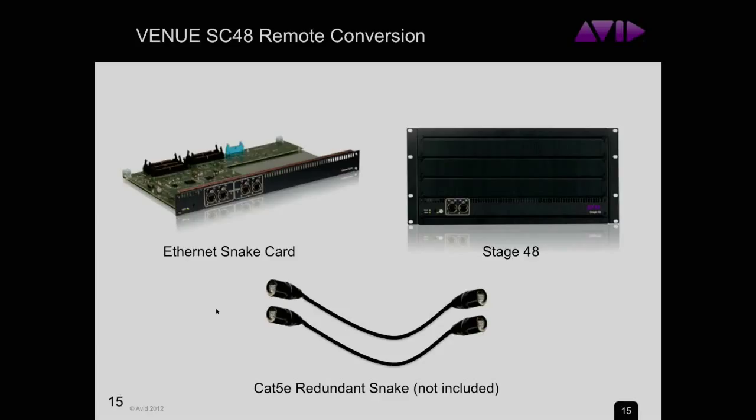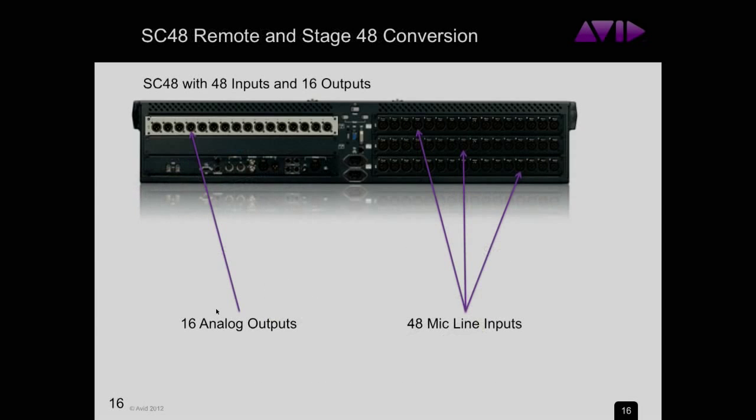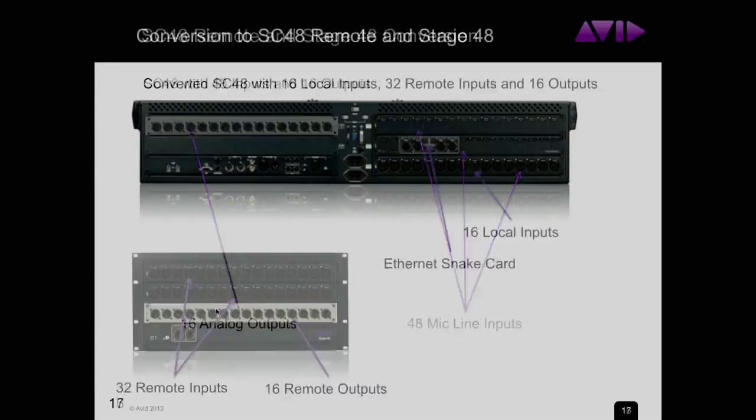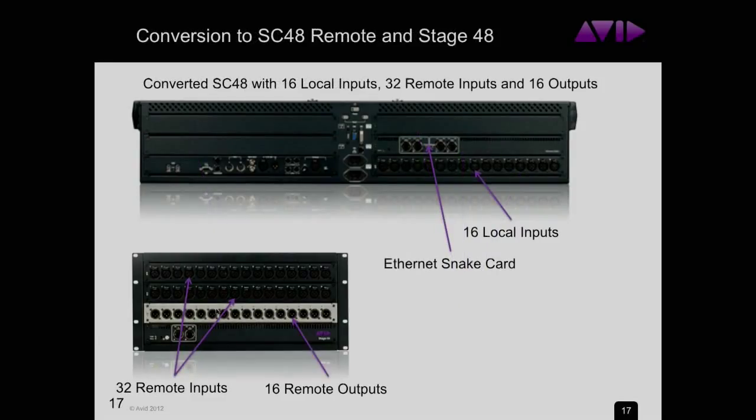convert your existing SC48. So if we take a look at, back to again to a basic SC48, which is 48 mic line inputs and 16 analog outputs, if we were to convert that to SC48 remote, it essentially would go like this. We would basically take 32 inputs out of the SC48, put them in the stage rack.